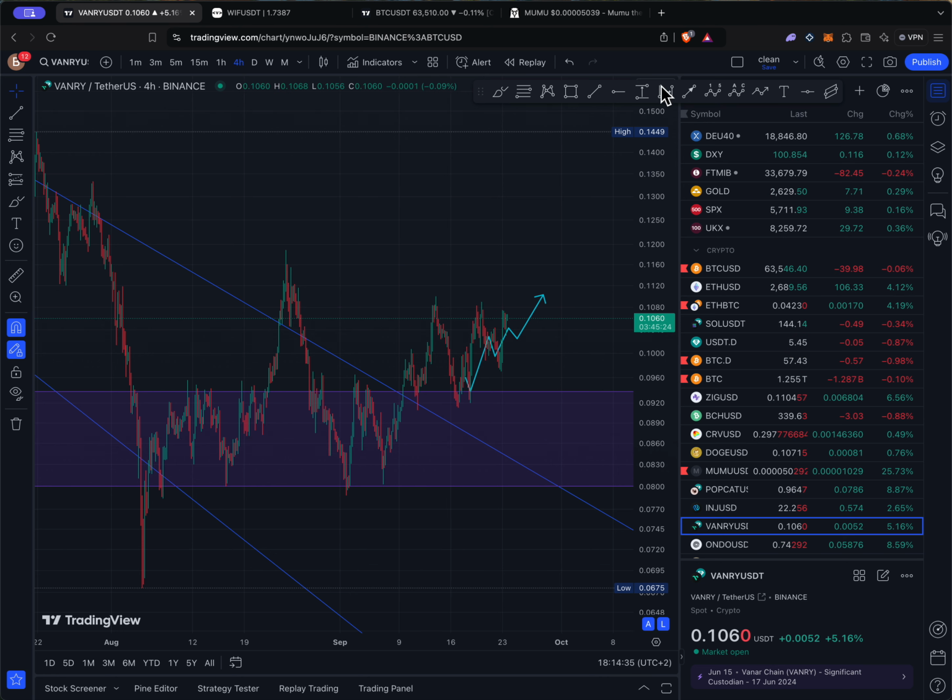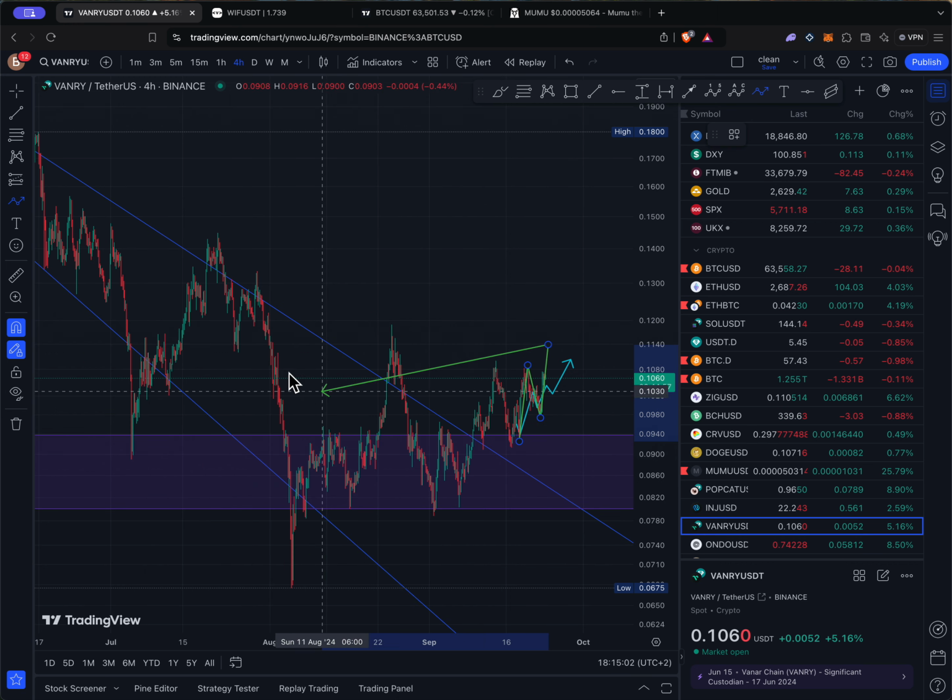But if I put it better now from here, so we had from here like this, here. Now this, from my point of view, has to seek liquidity here on top. It's just a matter of time. It goes around 11. In here there is another.